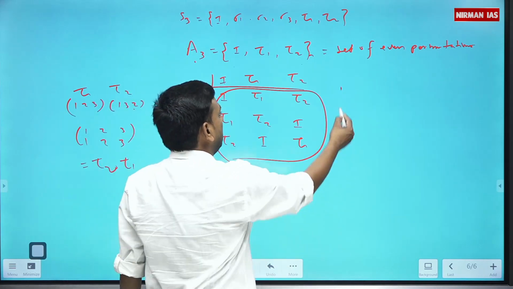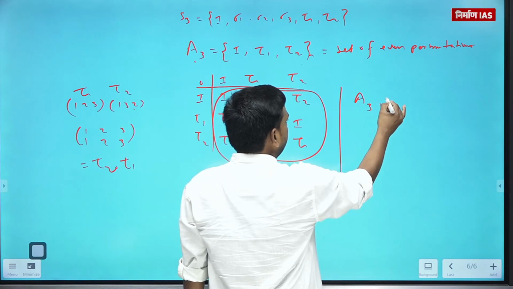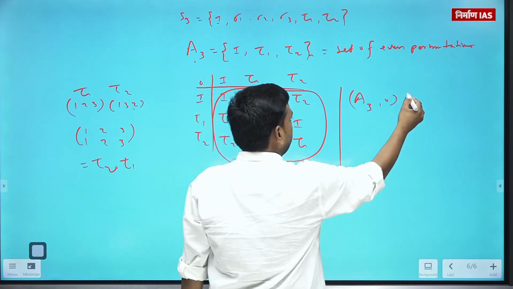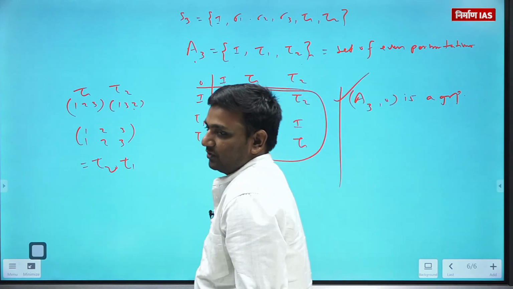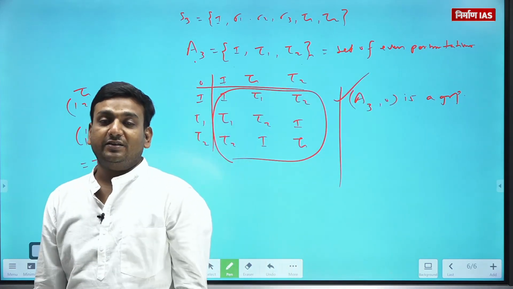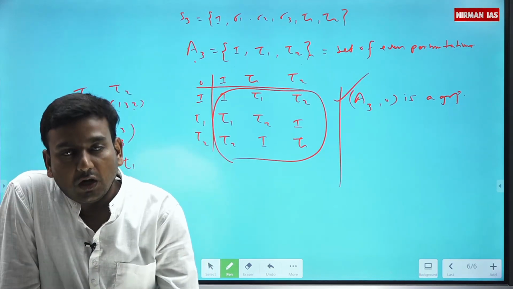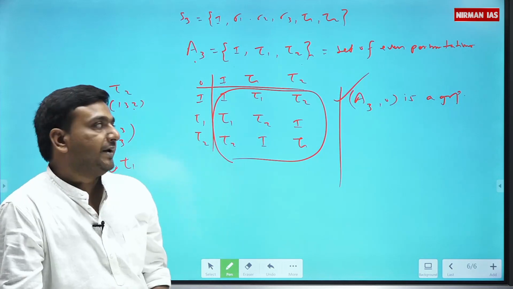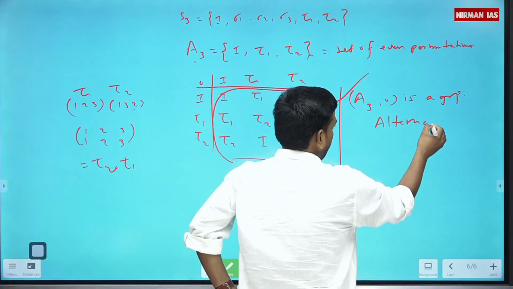That means all those 4 axioms are satisfied. So A3 with respect to composition of functions is a group, and this is a very famous group. In the whole algebra, we will be dealing with such groups, and this is called the alternating group.